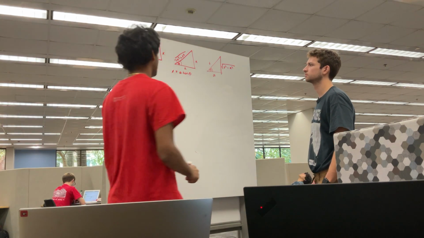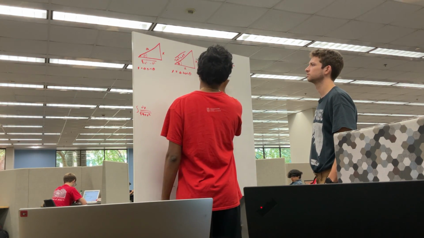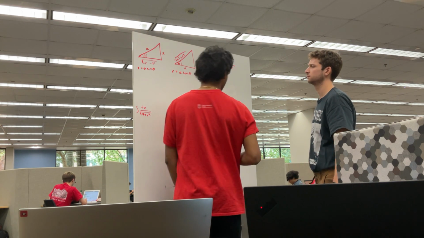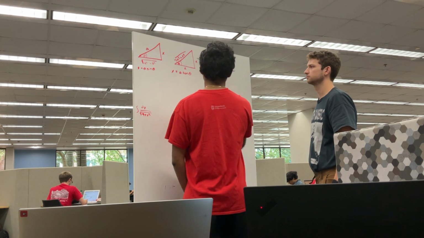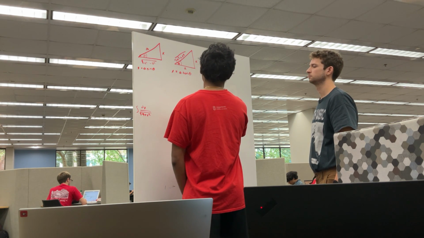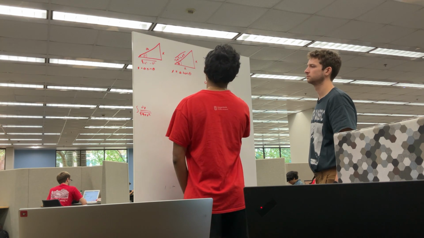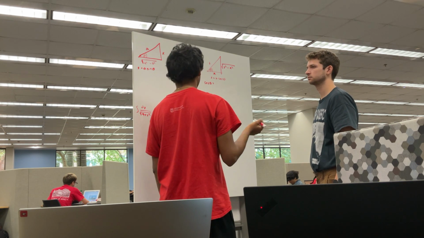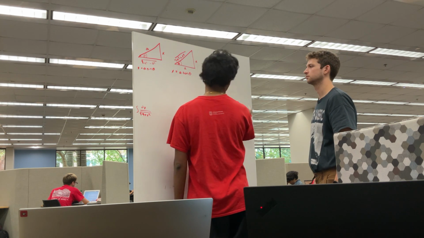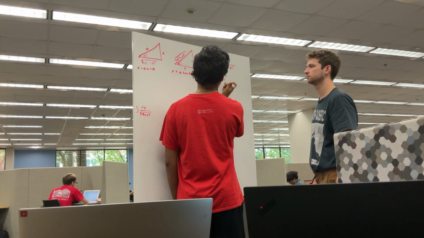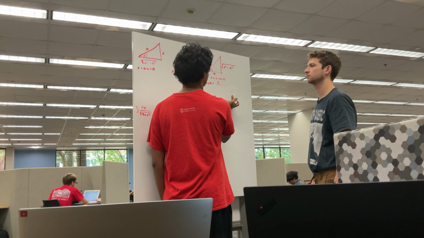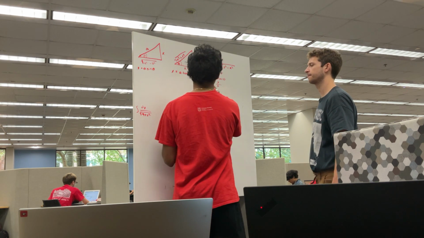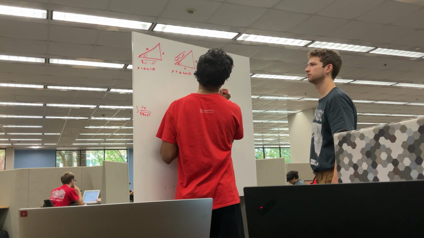And here, x is equal to a secant theta, and we can prove that the same way we did earlier. Secant theta is equal to 1 over cosine, and if cosine is adjacent over hypotenuse, it's going to be hypotenuse over adjacent. Make sense? And then a secant theta, you just multiply that and get rid of the a. So x is just equal to a secant theta, and that's how we get that formula.